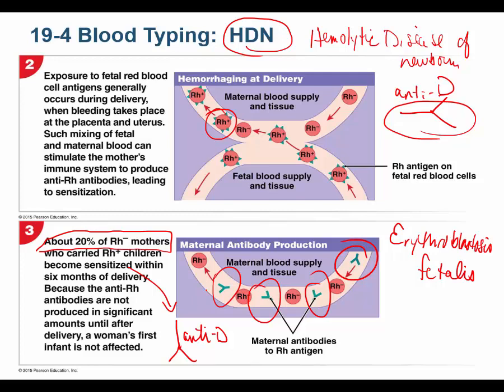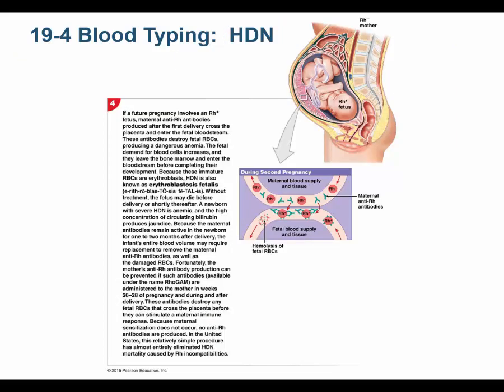We prophylactically treat it. So here's the mom's antibodies crossing the placenta, attacking the baby's cells. Here's what we do. Here's a baby cell with the D antigen sticking off.